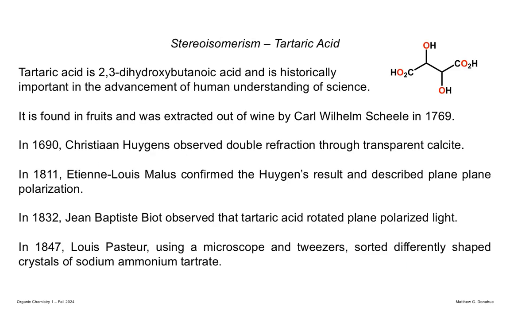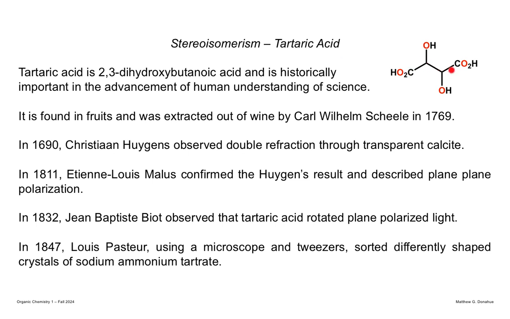So in the time we have remaining, we'll look at another case of this that's a little more biologically relevant, and how we can connect the zigzag to the Newman to the Fischer projection and move back and forth between them. This has to do with a molecule called tartaric acid.